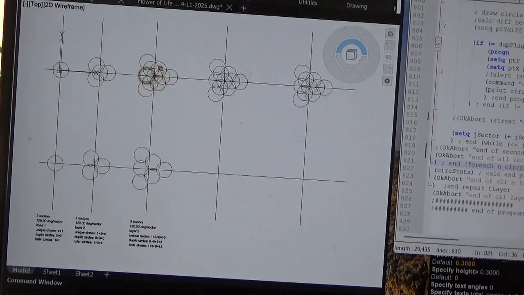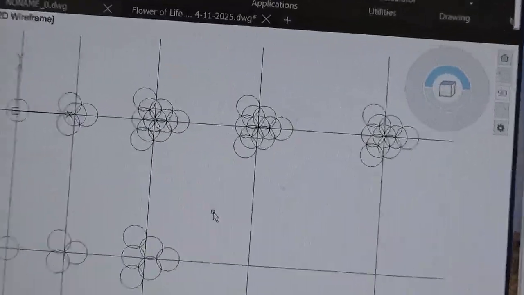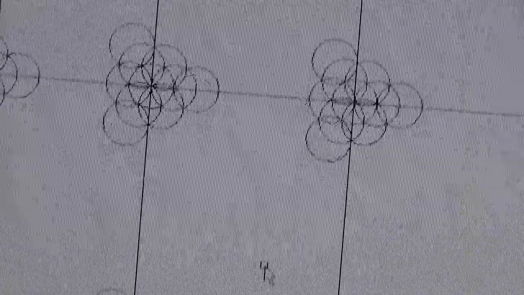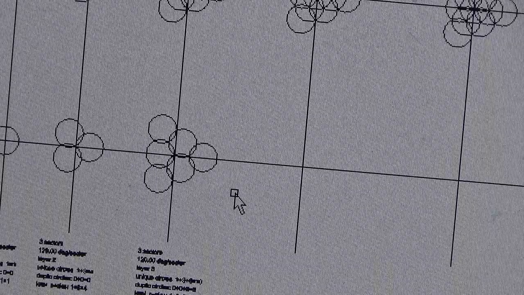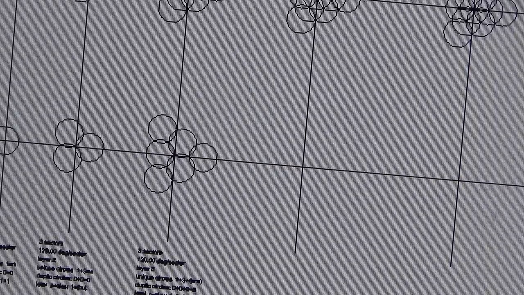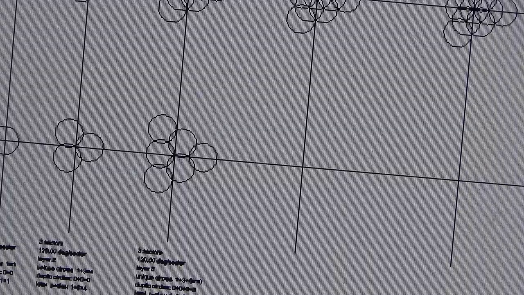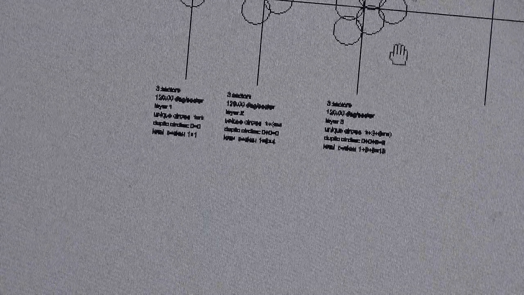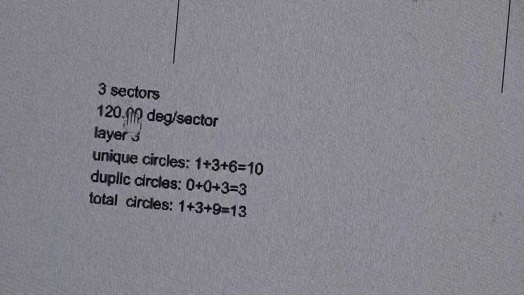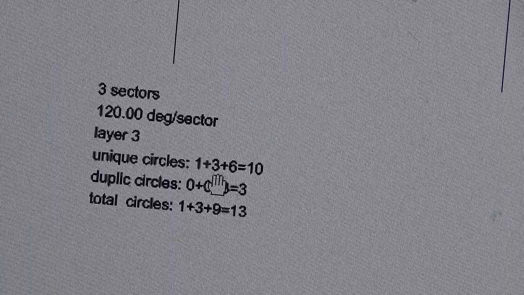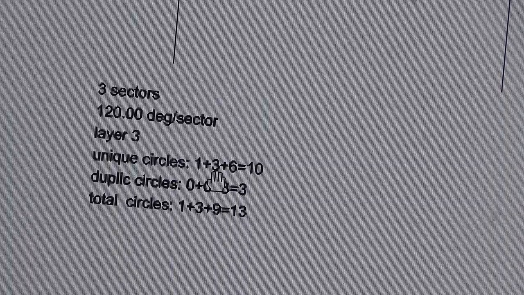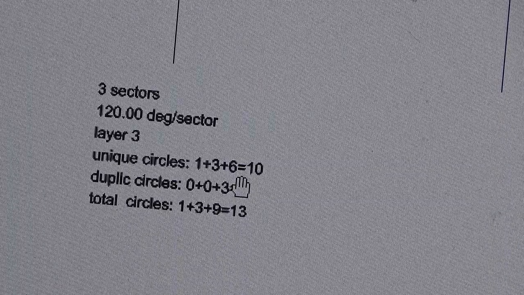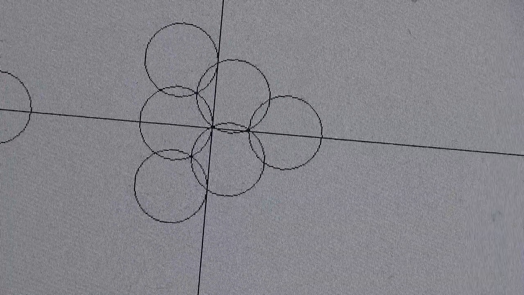So this is what it looks like so far. We just finished layer 3. We can zoom in on that. Those are just the circles that were generated on layer 3. Let's move up. On layer 3, we have one unique circle on layer 1, 3 unique circles on layer 2, and then 6 on layer 3. 1, 2, 3, 4.